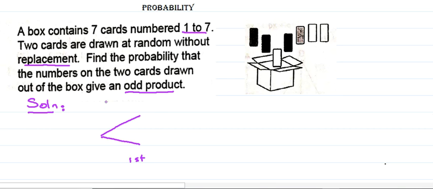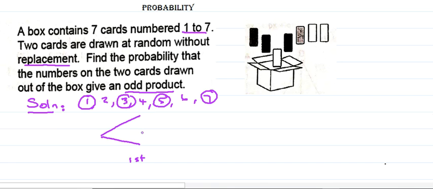Now the first thing we should do is list our card numbers. So we have 1, 2, 3, 4, 5, 6, 7. As you can see, we have 4 odd cards in our box and 3 even cards.